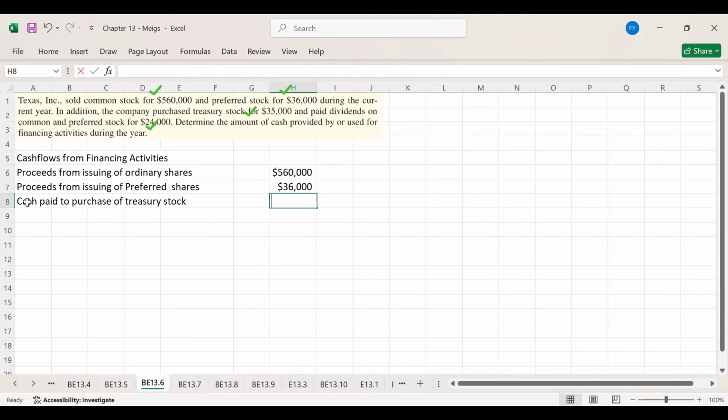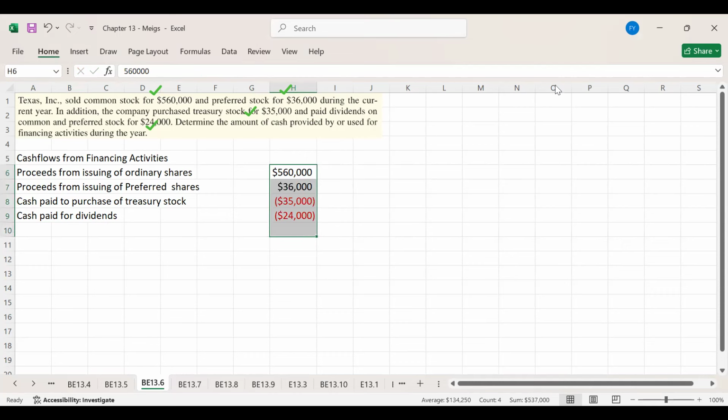That's why we are deducting it from the total, which is $35,000. And then dividends paid on common and preferred stock. So cash paid for dividends, and here we are deducting it, $24,000.